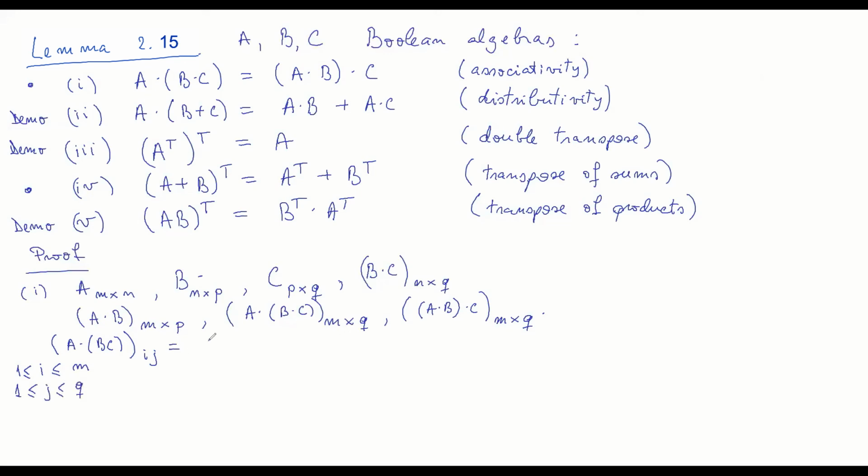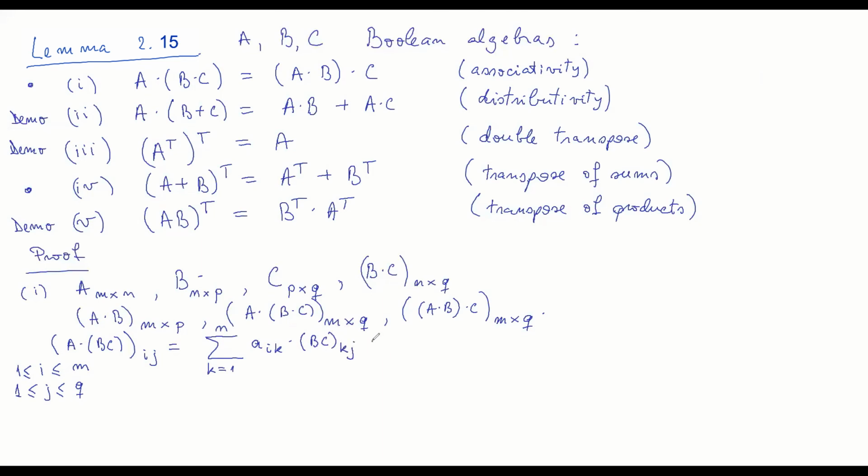So this is by definition the same as saying it's a sum of, and remember A was of type m times n, so this is going to be the sum from 1 to n of A ik times the element in the product BC on position kj.